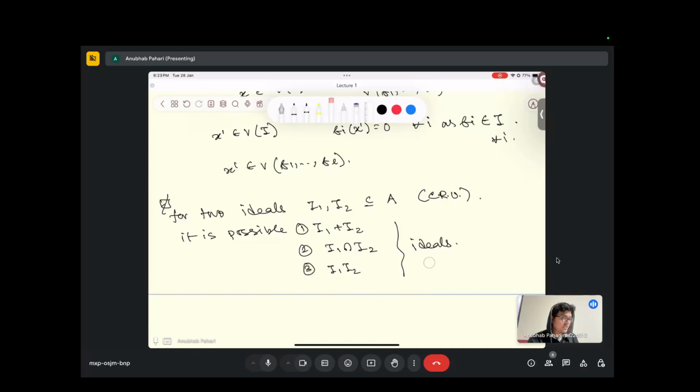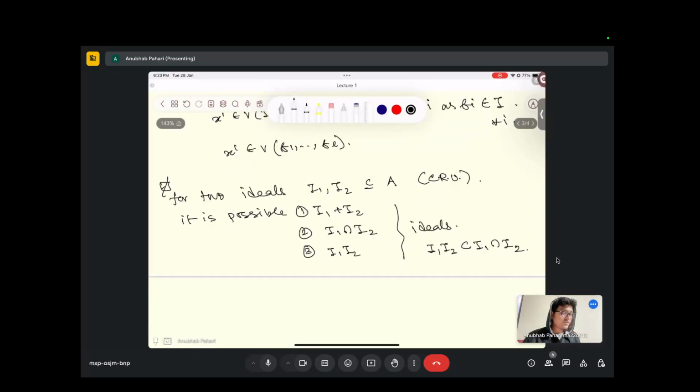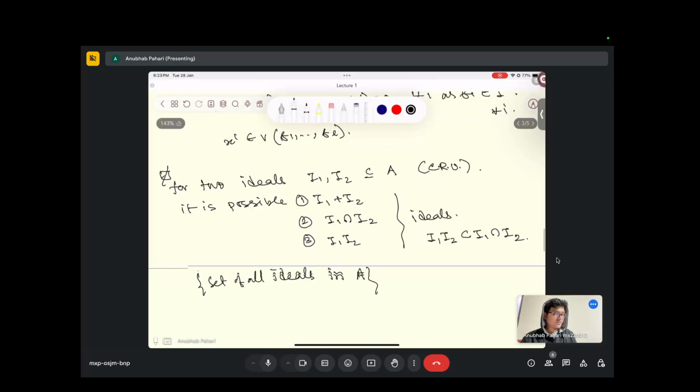So one simple thing to notice is that the product I1 I2 is contained in the intersection. So all these operations are possible on the set of all ideals in A. It has the sum, the intersection and the product.